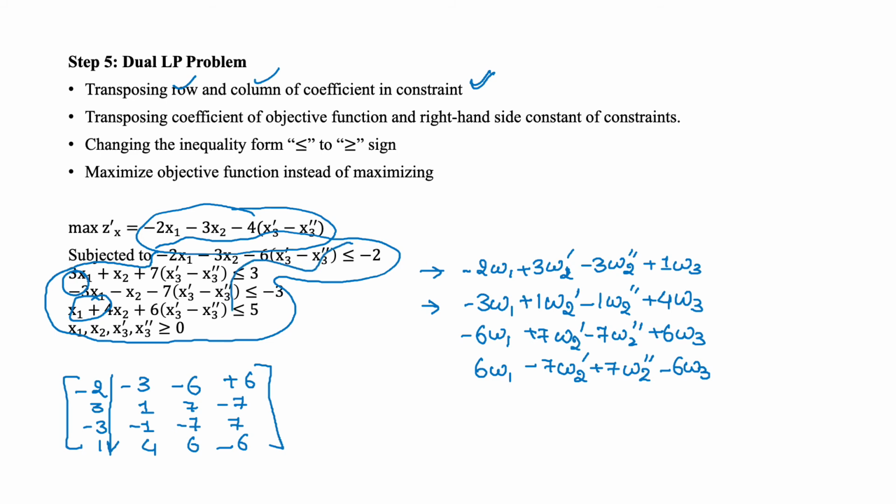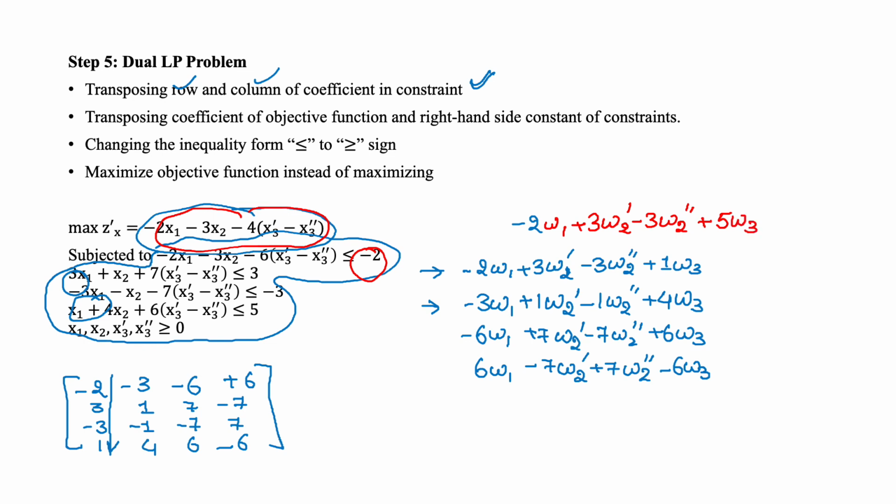The right hand side of my constraint equations I will transpose with my objective function coefficients. So the objective function will be minus 2 w1 plus 3 w2 dash minus 3 w2 double dash plus 5 w3.